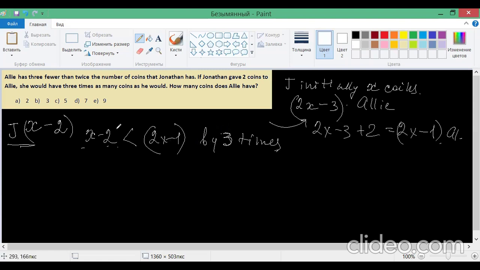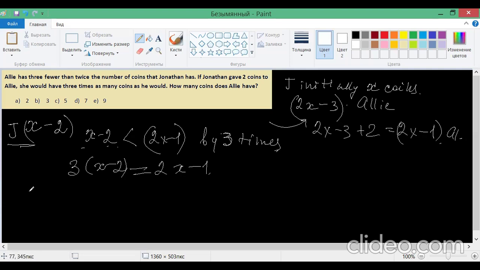Logically, we should multiply the lesser part, the smaller part, in order to get equality. So we write like this. And this is the logical equation, or as we say, the mathematical model of this situation.